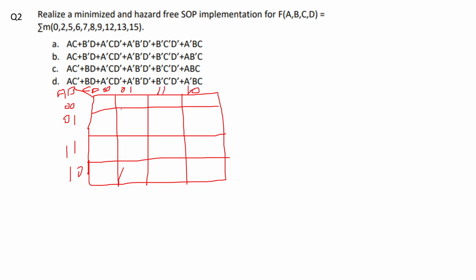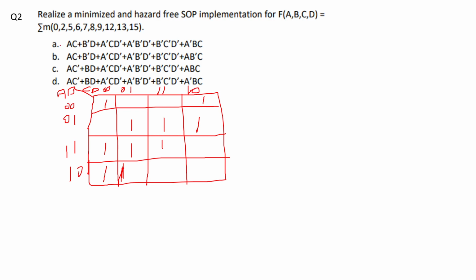The minterms that are marked are 0, it's here. 2, it's here. 4, 5, it's here. 6 will be here. 7 will be here. 8 will be here. 9 will be here. 10, 11, 12 will be here. 13 will be here, and 15 will be here.